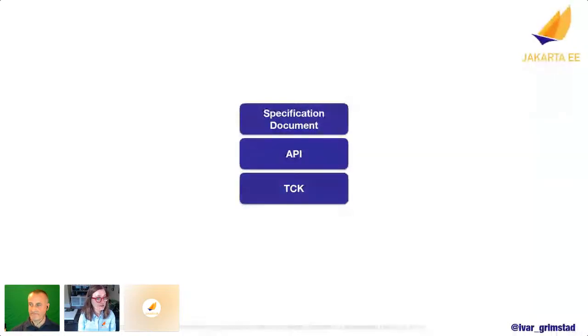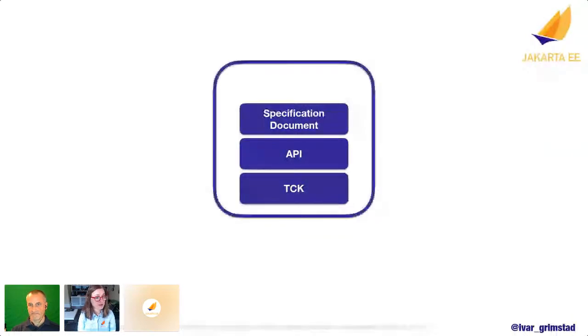And then there is the TCK that will be used so you can test the code that you develop against the compatible implementation. So those three artifacts, specification document, API, and TCK, are actually defining each of the specifications.